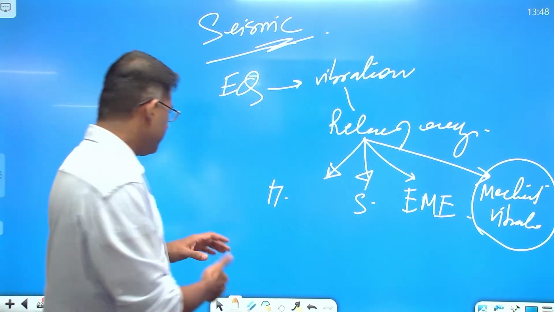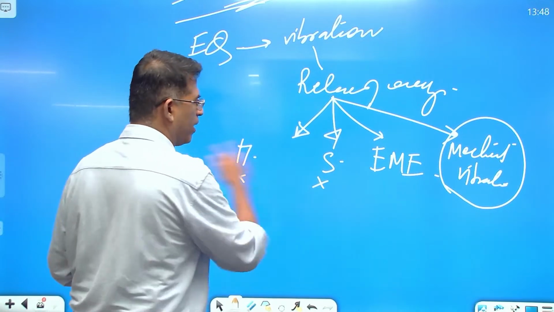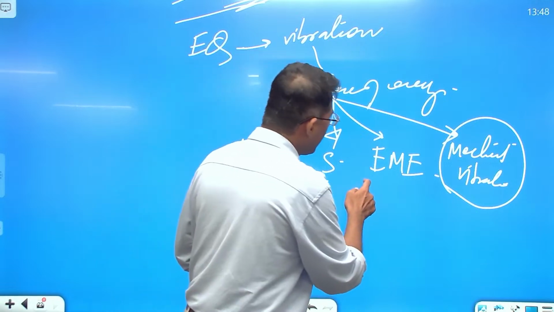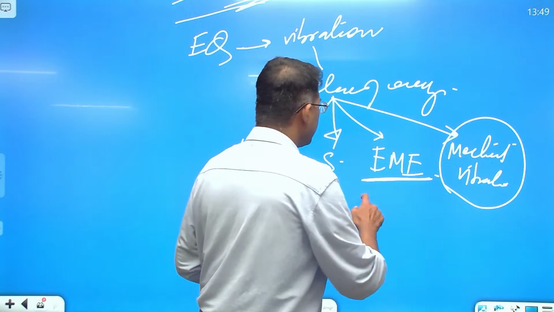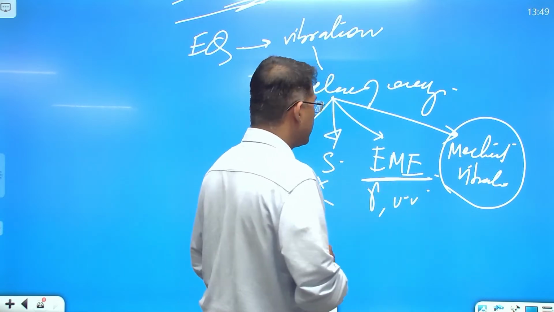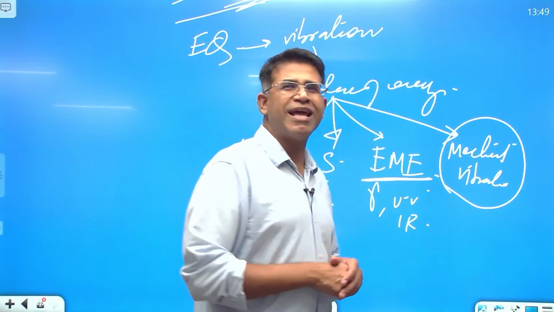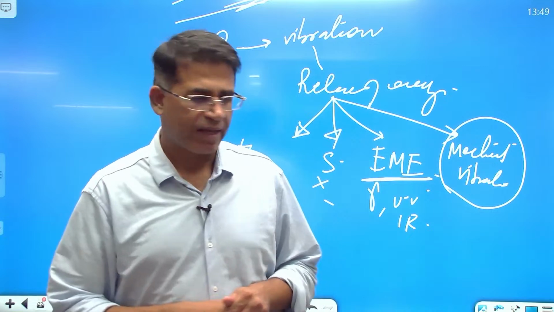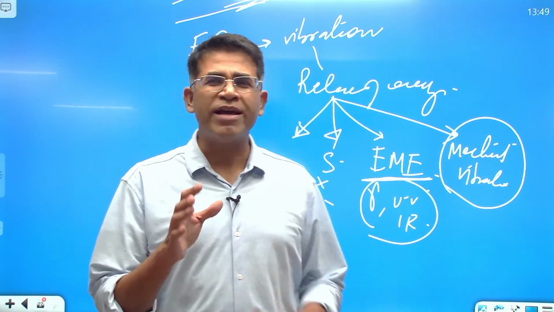Now see, let me discount for now the heat and the sound. Leave that aside. The electromagnetic radiations are gamma rays, ultraviolet rays. The radiations can also be infrared waves, like what we get from the sun. These types of energy do not require a medium.